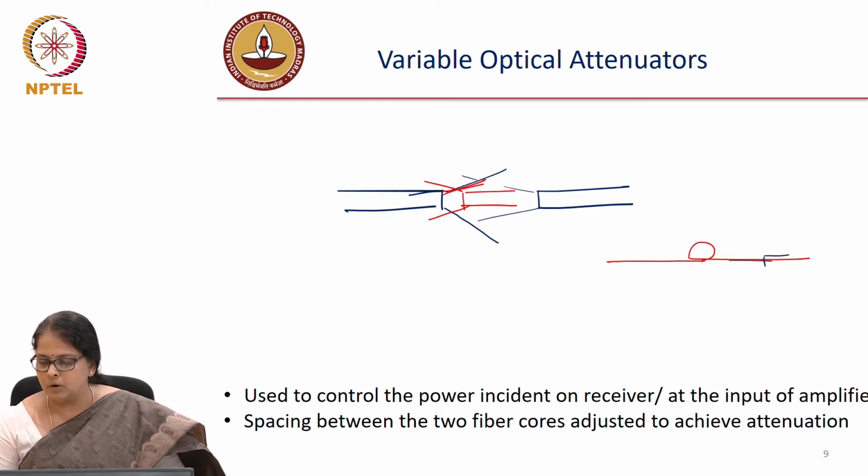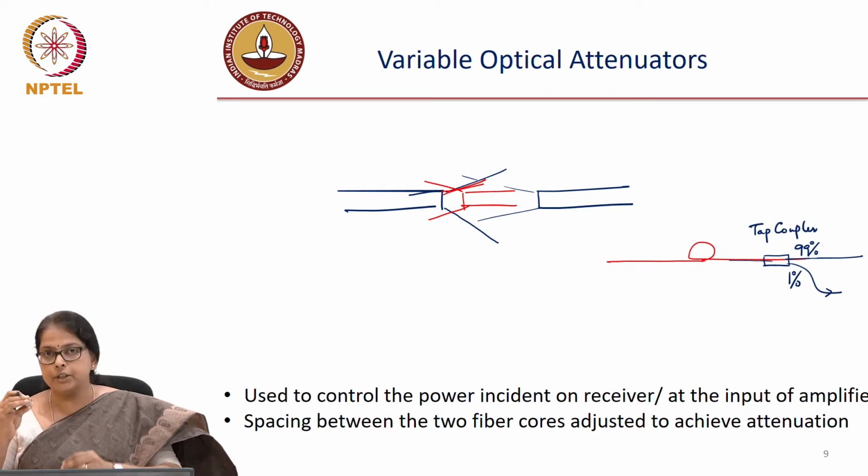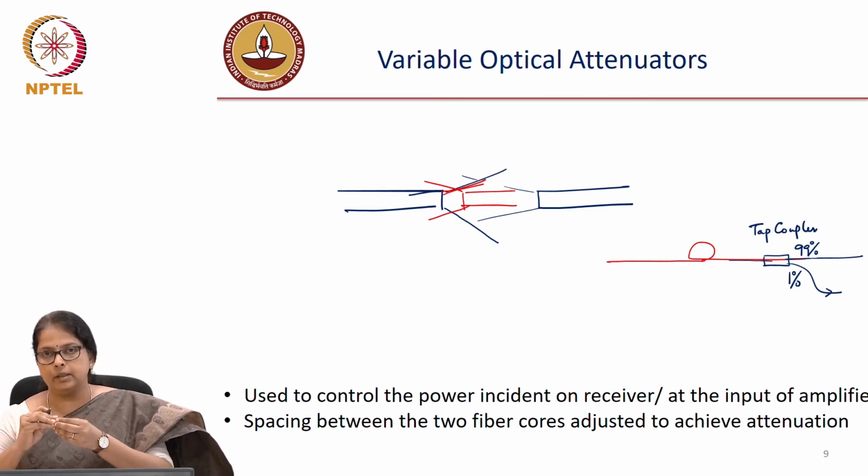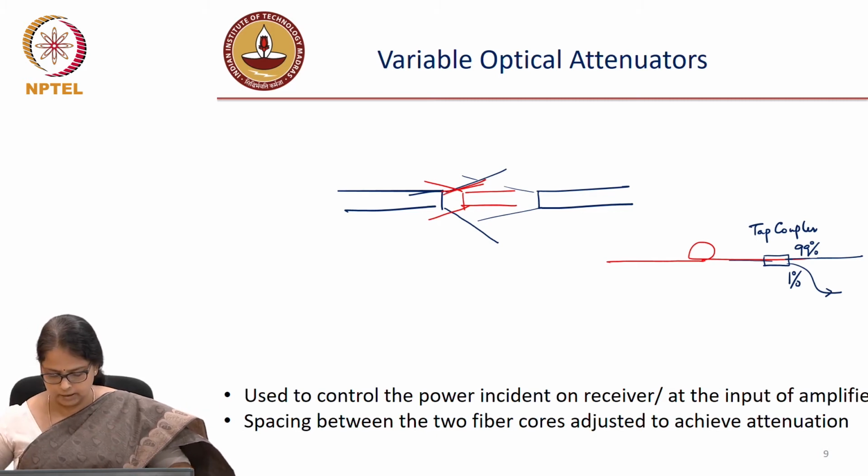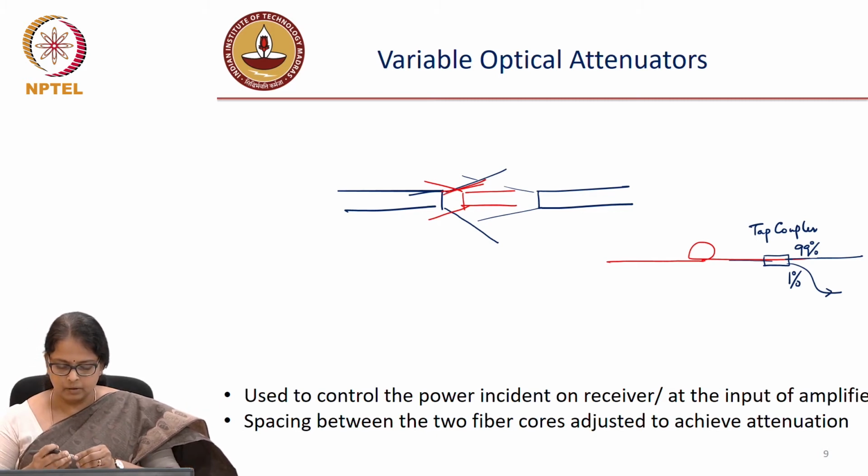Wherever you want, you put a tap coupler which will take 1% of the power, and 99% will go back to the original link. So this is a tap coupler. You have versions of these variable attenuators with a power meter attached to them also, so that you don't really have to use a tap coupler.